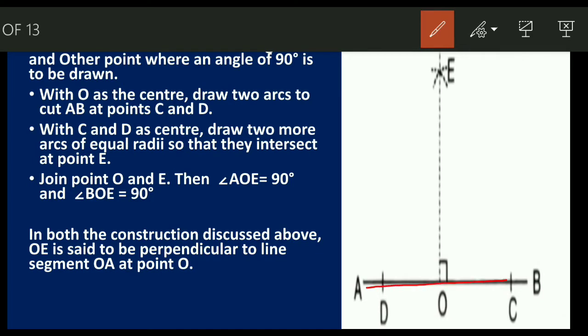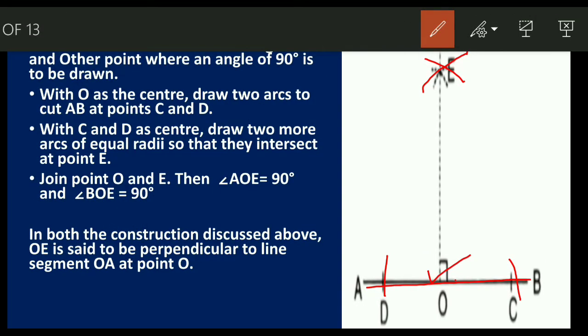First you draw AB, say 6 centimeter, and with your ruler you see where 3 centimeter is coming, that center point will be O. Now put your compass here and cut the line and mark it as D, and on this side you cut and mark it as C. Now taking D and C as the center, put your compass on D and cut the top, and again put your compass on the center C, and one more cut you have to do up, and where they intersect, that particular point is E.